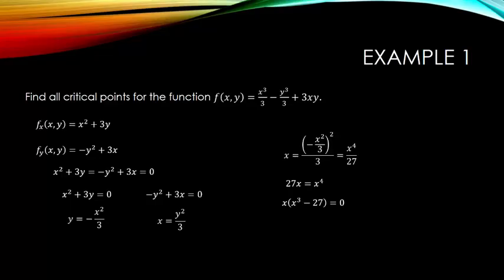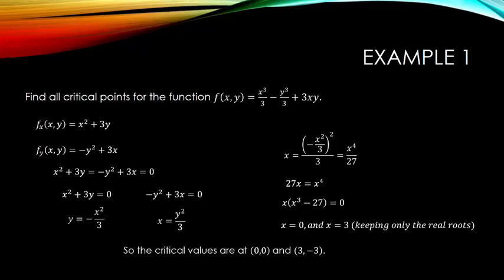This gives me the possibility that x is 0 or x is 3 using only the real roots. Plugging x equals 0 into my y equation gives me y equals 0, and plugging x equals 3 into the y equation gives me y equals negative 3, so that my critical values are at (0, 0) and at (3, -3).